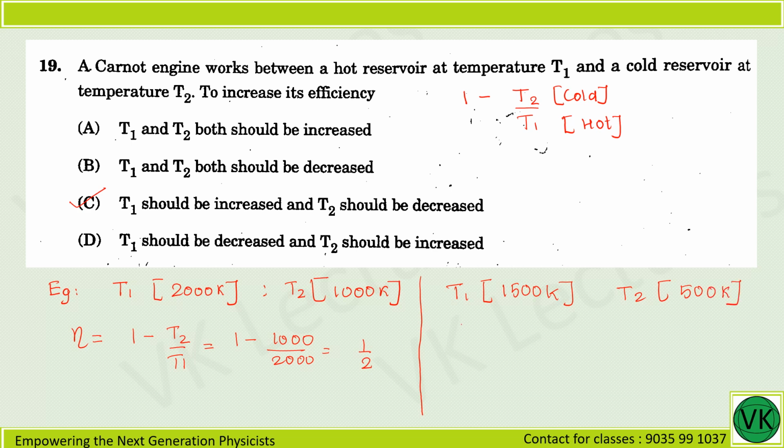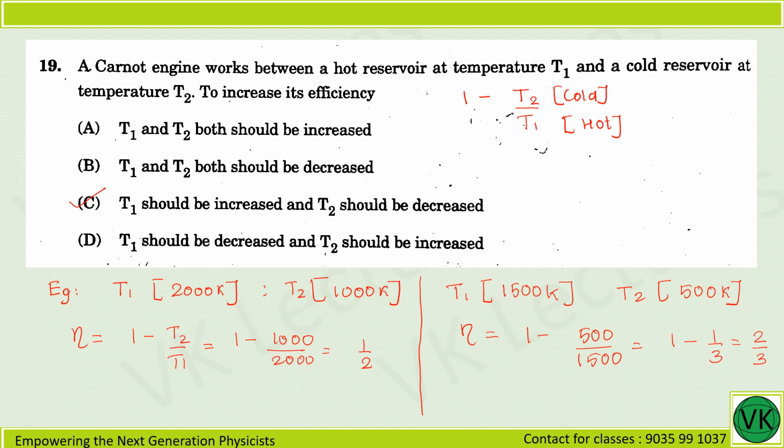Now the efficiency eta is equal to 1 minus T2 by T1, which is 1 minus 500 divided by 1500. 500 by 1500 is 1 by 3, so it's equal to 2 by 3.